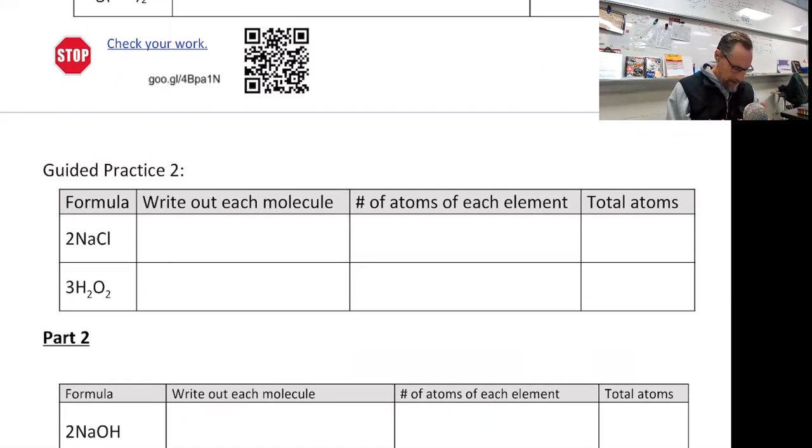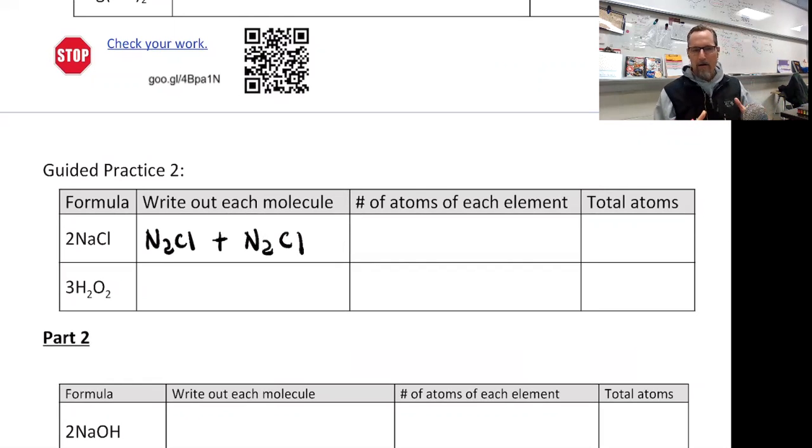So I can see I have 2 NaCl, so 2 salt molecules or 2 salt compounds here. So the way I'm going to write those out is I'm going to write out the whole molecule. So this would be NaCl plus NaCl because that 2 coefficient applies to everything after it.